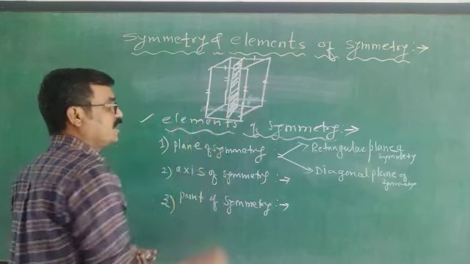If it rotates through 360 degrees, then it will be reproduced two times. That's why it has a two-fold axis of symmetry.